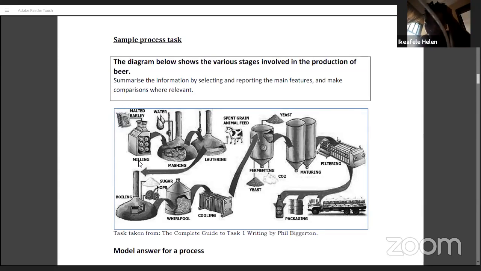Milling machine, 1, loss, 2, laundry, 3, painting, 4, 5, filtering, 6, eh?